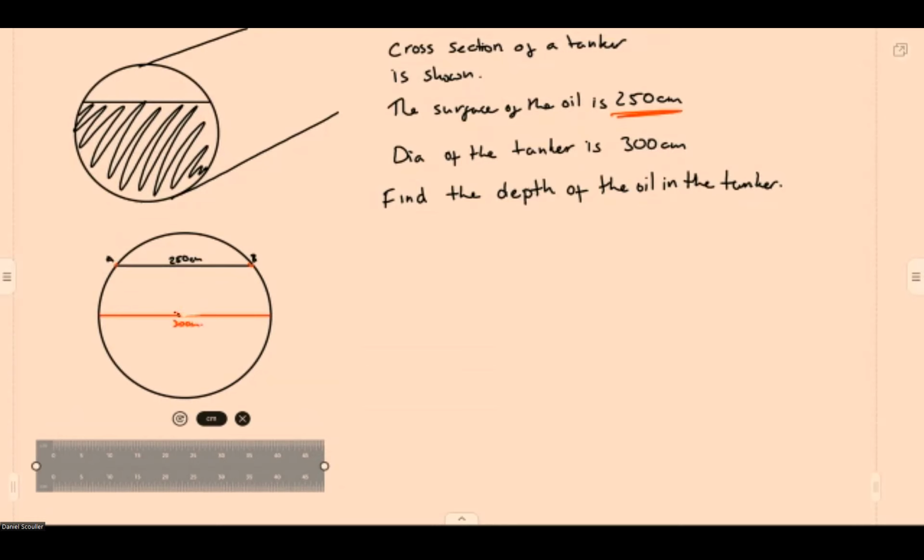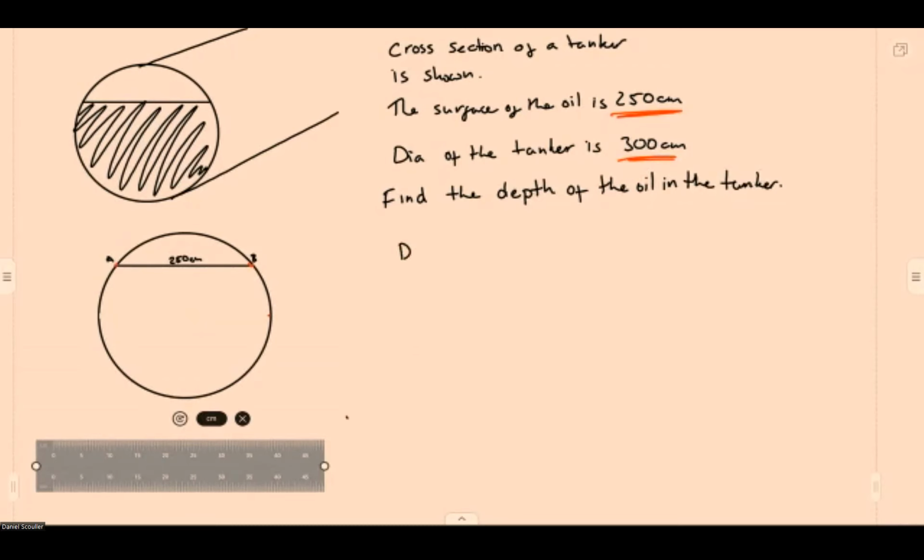With knowing what the diameter is, we don't need that straight line on the circle. We don't need to illustrate that per se to be able to answer the question. What we want with that information is an idea of what the radius is, because remember, we're going to draw a radius on and create a right angle triangle.